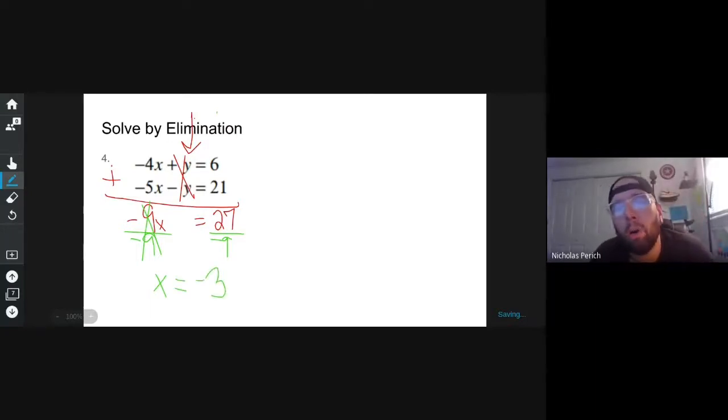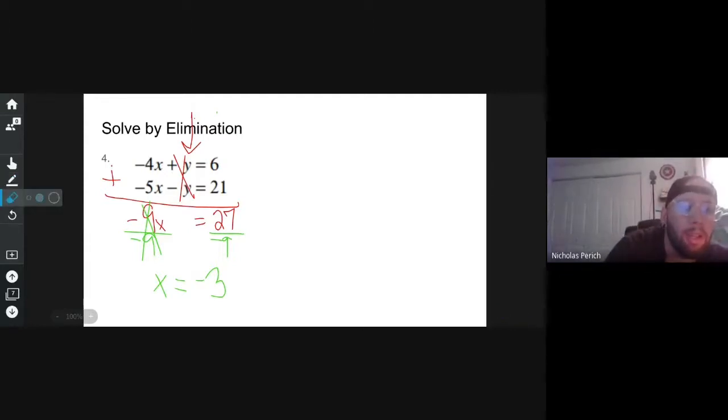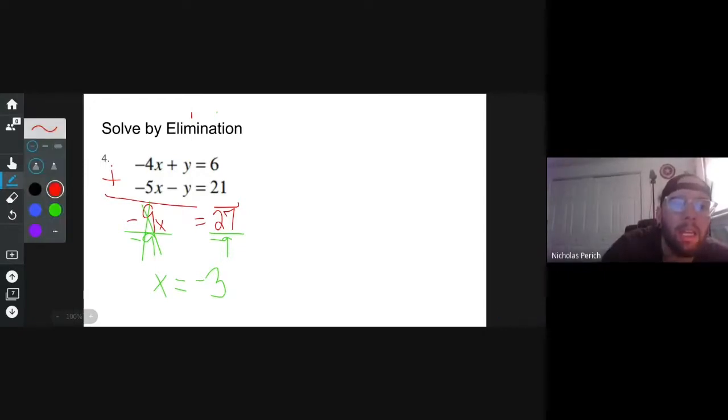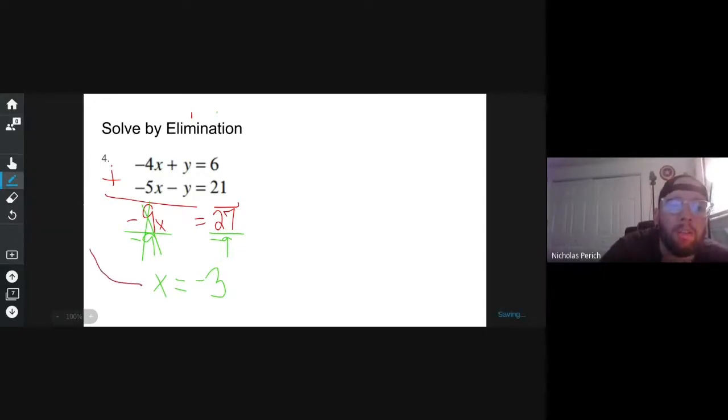Okay, I feel you, but I have to find y. So let me clean up this mess up here. I will take the fact that x equals negative 3 and plug it into one of the equations. Let's do the top, because it's easier to find y on top since y is almost all by itself.